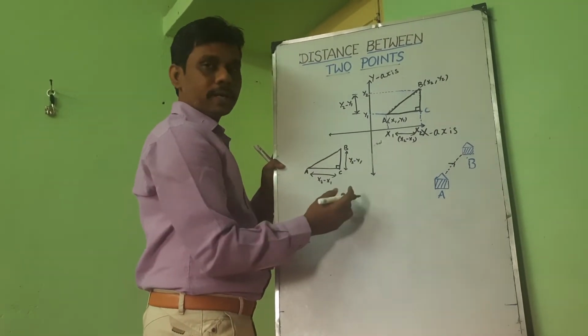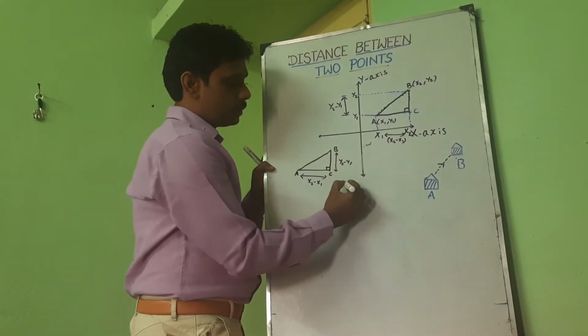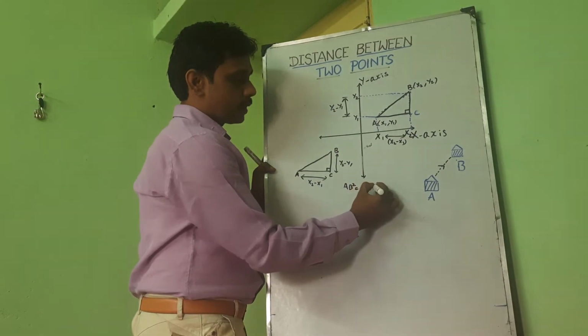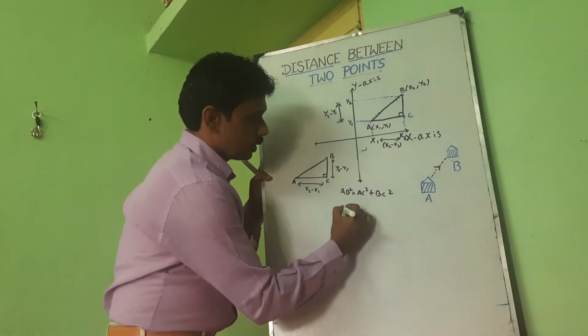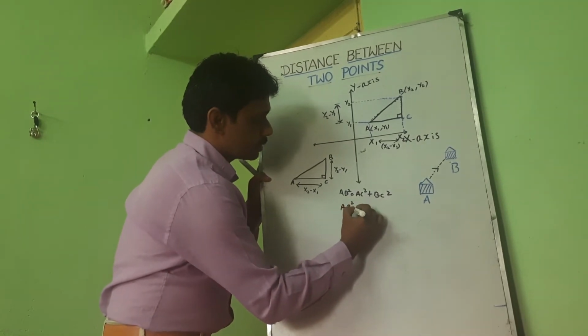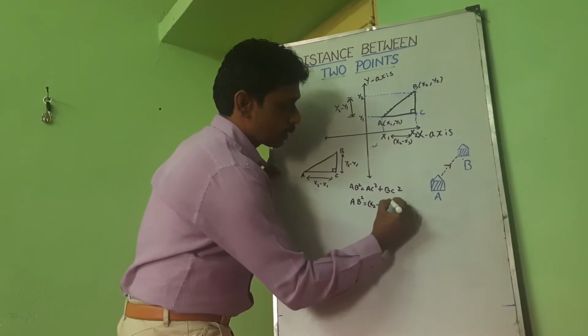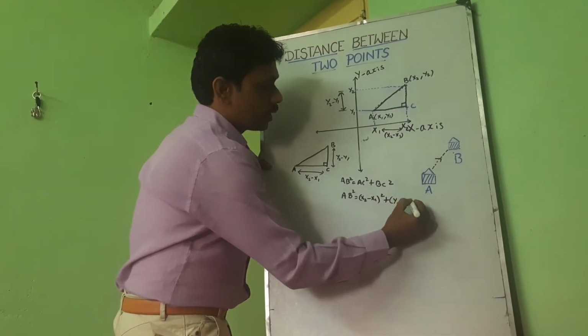By using Pythagoras theorem, the length of the hypotenuse AB square is nothing but AC square plus BC square. AB square is equal to AC square, which is x2 minus x1 whole square, plus BC square, which is y2 minus y1 whole square.